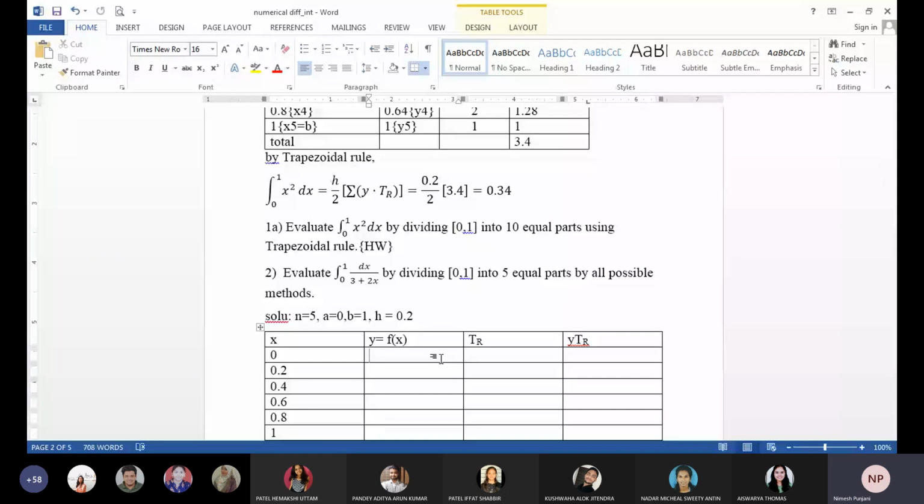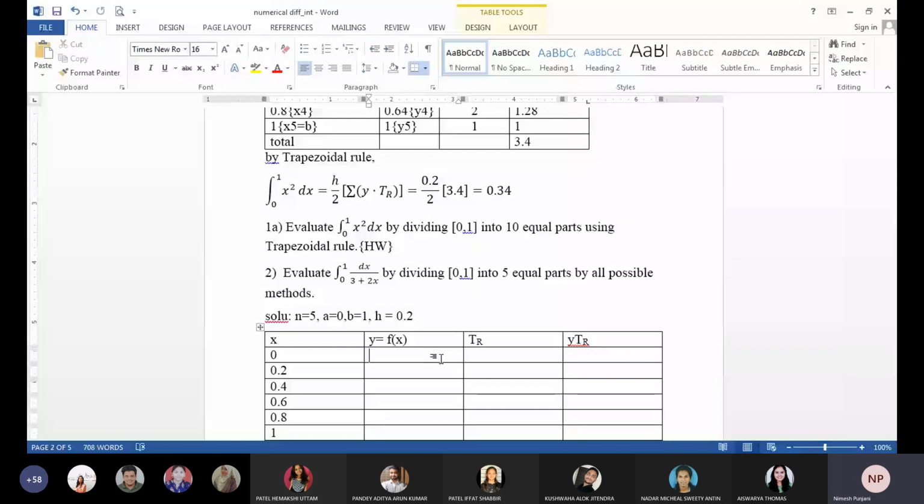How will you calculate your y? For the corresponding values of y, what to do? In f of x, substitute the x. So what will be my y? Put x as 0, right?